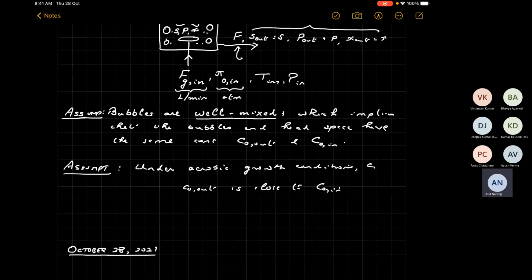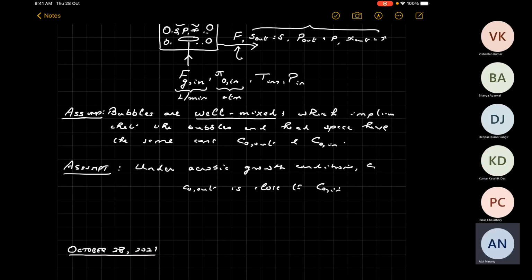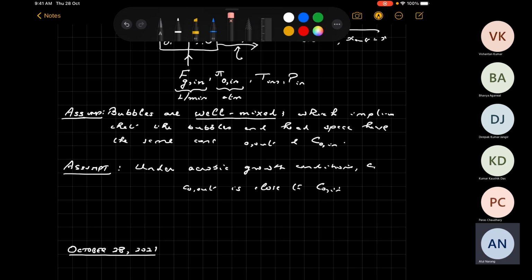We have assumed, as I mentioned last time, that the gas phase is well mixed, which implies that the bubble and the headspace have the same concentration. The assumption here is that pi O out is equal to pi O.